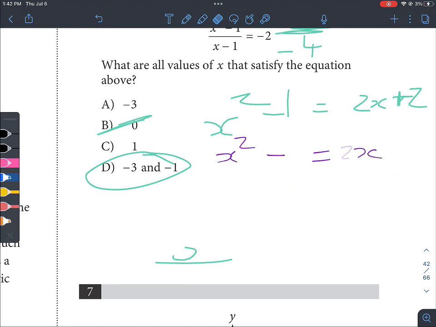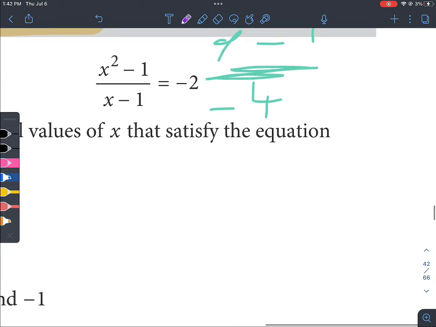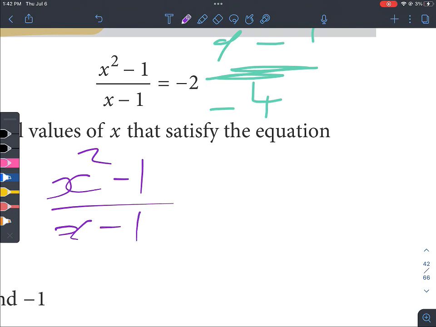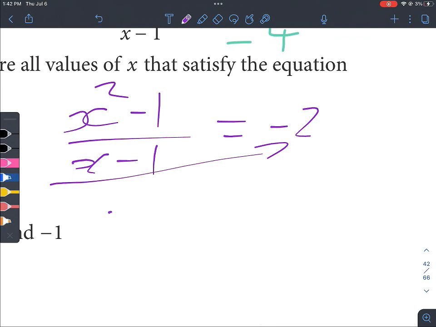Okay. I'm just gonna start from the top, really. Sometimes you just have to start from the top. So let's do this one last time. X squared minus 1 over x minus 1 equals negative 2. I want to get this to that side, so I'm going to multiply. X squared minus 1 equals negative 2x plus 2. I think some of you guys are seeing where I messed up now.